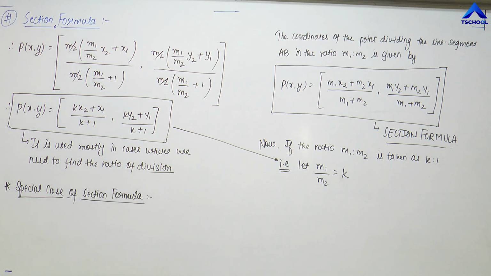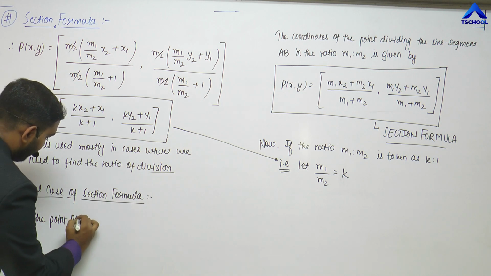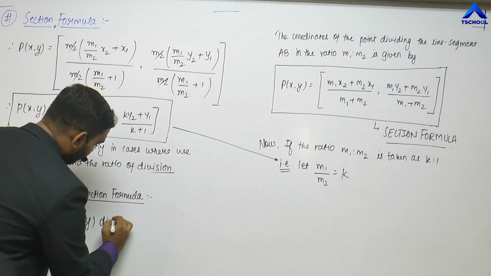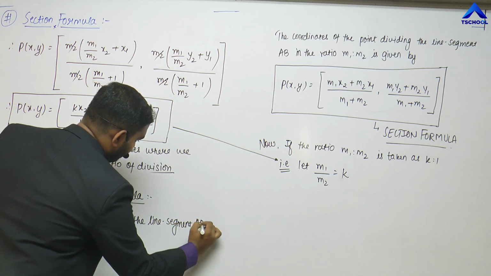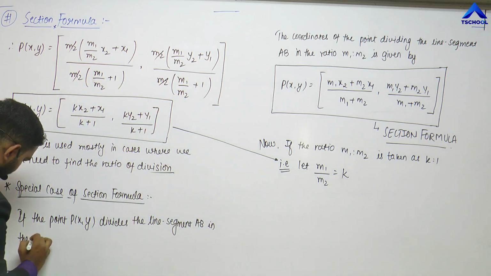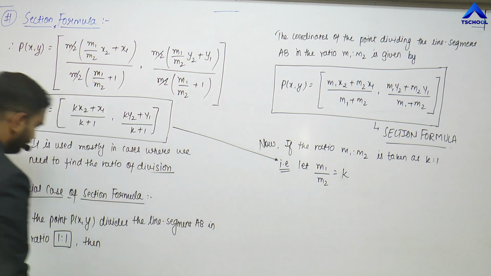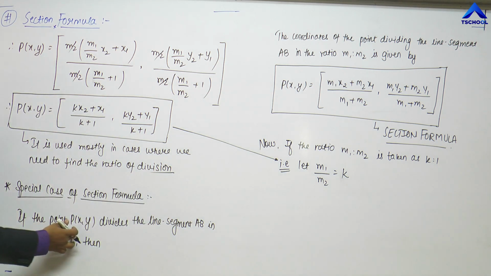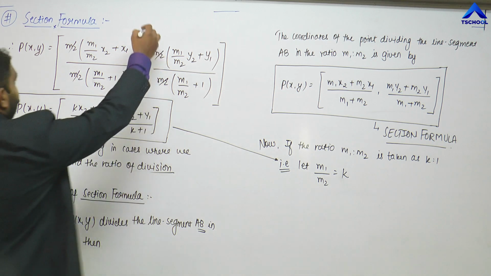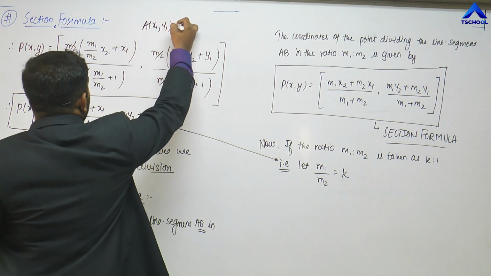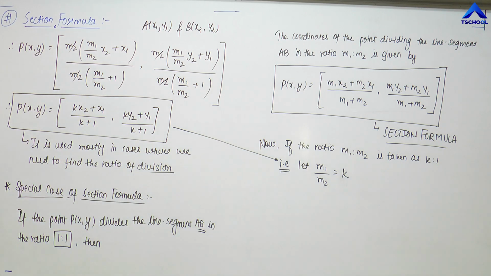The special case is if the point P(x, y) divides the line segment AB in the ratio of 1:1, then we shall take again the coordinates A(x1, y1) and B(x2, y2).